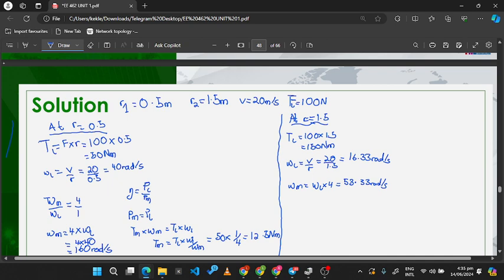And then our motor torque would be the load torque as we've seen divided by 4, and that gives us 37.5 Newton meters.